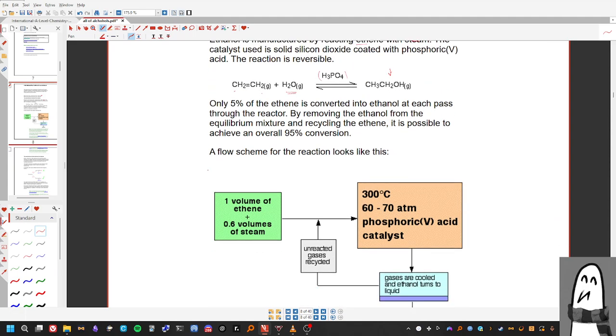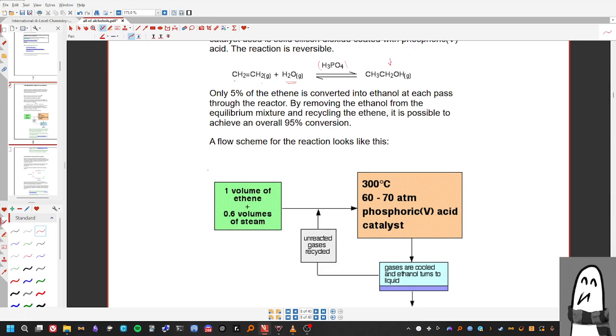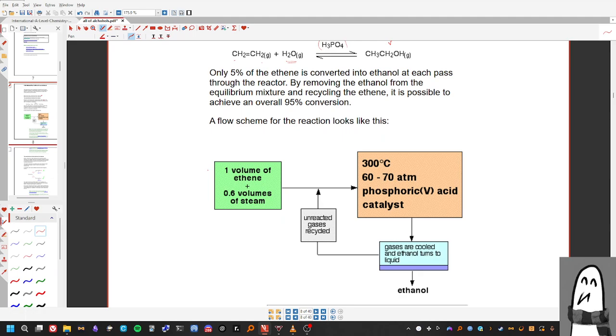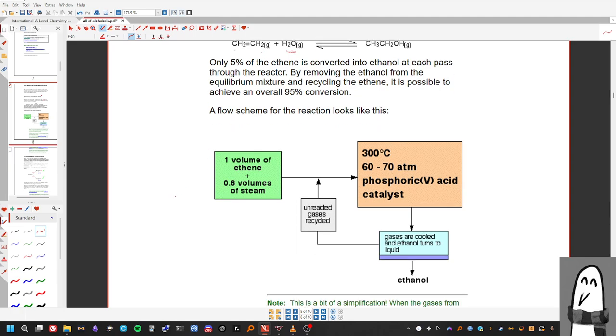Only 5% of the ethene is converted into ethanol at each pass through the reactor. By removing the ethanol from the equilibrium mixture and recycling the ethene, it's possible to achieve an overall 95% conversion. A flow scheme of the reaction looks like this. You have your ethene, 1 volume, plus 6 volumes of steam, which react under the conditions of 300 Celsius, 70 atmospheres pressure, with a phosphoric acid catalyst.